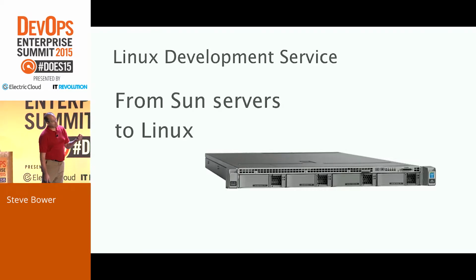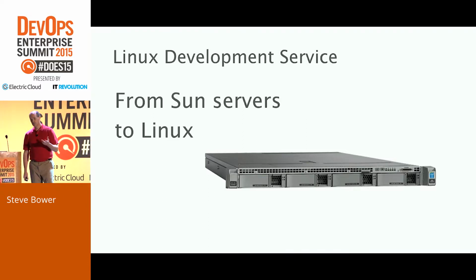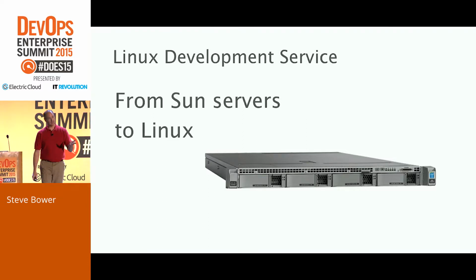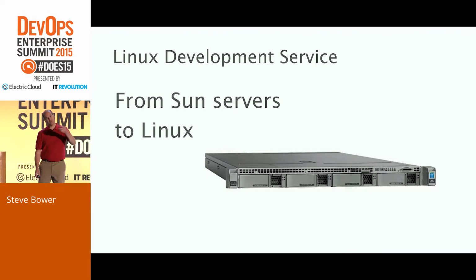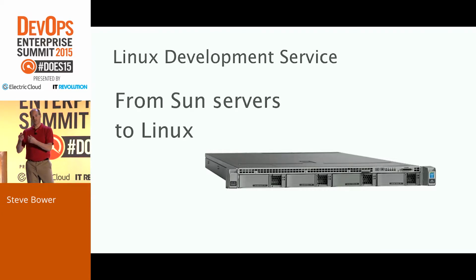And what that was, we had racks and racks of these pizza box Linux systems. And when a developer needed to start doing some development work, we had a little portal for him. And he would log into it and say, hey, I need to do this and this, I need this OS version or whatever. And we would pick a Linux system for him to log into.